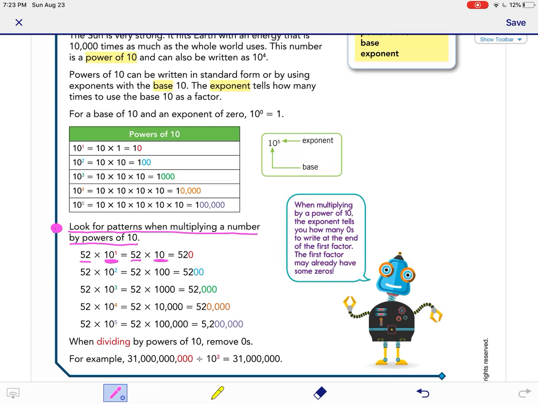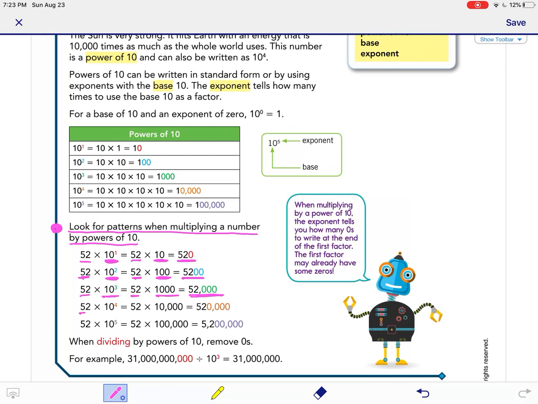And we get 52 times 10 equals 520. 52 times 10 to the second power is the same as saying 52 times 100, because 10 to the second power is 100, right? 2 zeros. 52 times 100 is 5,200. 52 times 10 to the third power means 52 times 1,000, or 52,000.